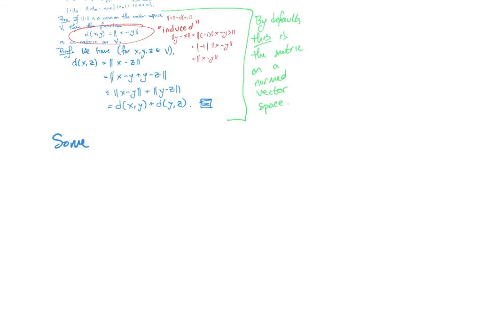Now, some norms are really nice. In fact, let me back up a step. When we're working in vector space land, the metric that comes from the norm is a really nice metric.